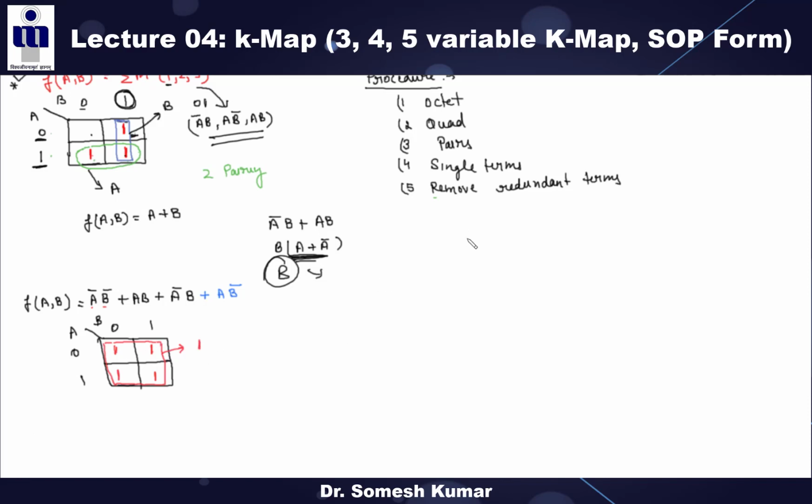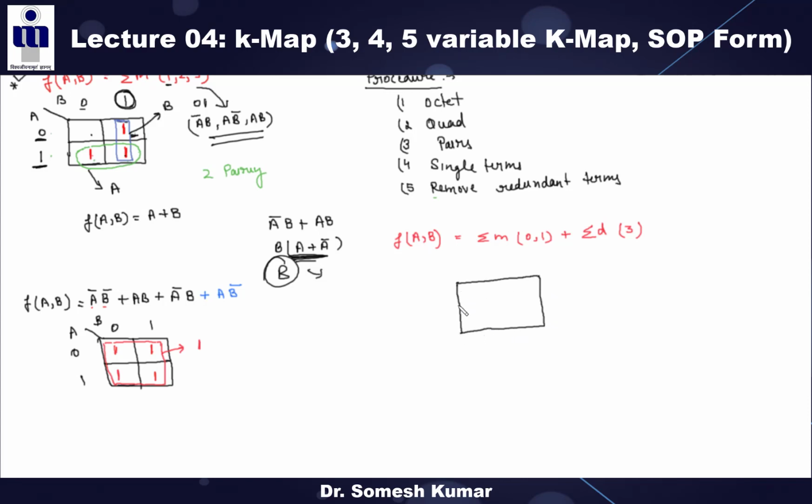One more thing. Suppose the statement is given as sigma m(0, 1), and then this is also given, d, which means the don't care condition. This is your function which is given. Now you have to minimize this function. By seeing this function, it is clear that there are 2 variables.